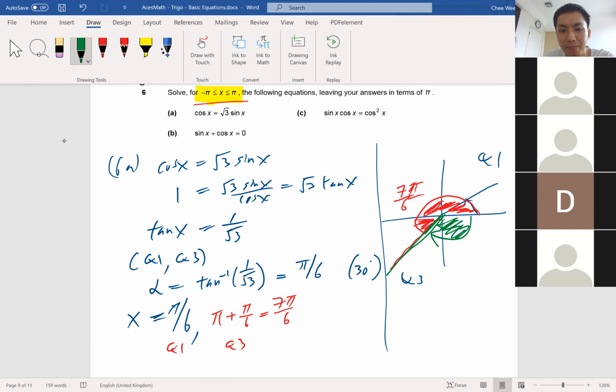So what will be the size of the green angle in terms of radians? 360 is 2 pi, so 2 pi minus 7 pi over 6 is 5 pi over 6. Actually, negative 5 pi over 6, because you should be taking the red minus 2 pi. The green is navigating in the clockwise direction, so it's actually negative. So this is equal to minus 5 pi over 6.